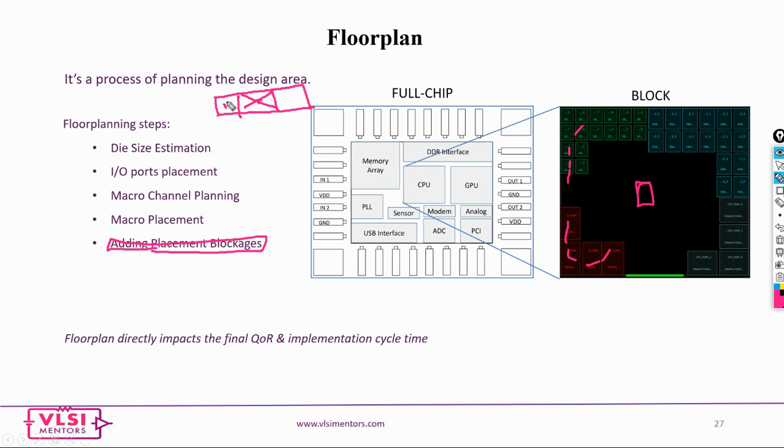They are guiding you to sit either here or here, correct? So that means it's a kind of guiding. The same way, you guide the tool with the help of placement blockages. Placement blockages actually help the user to control the cell density. Okay, so this is the step that we call floor plan.